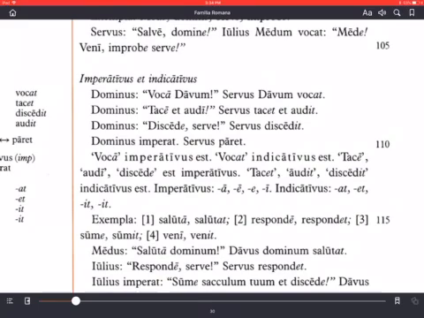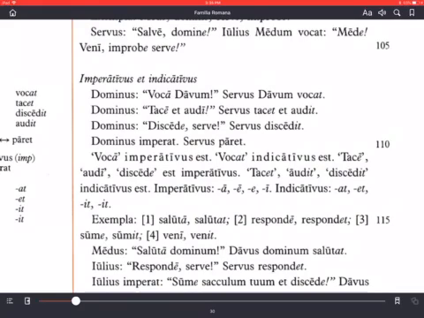Servus tacet et audit. The slave is quiet and listens. Dominus, the master says, discede serve, go away or leave, slave. Discede, singular imperative form, leave. Notice again, it ends with a vowel. Serve, the vocative form, slave.